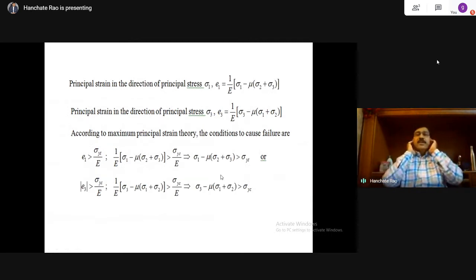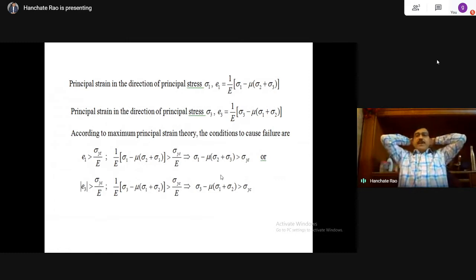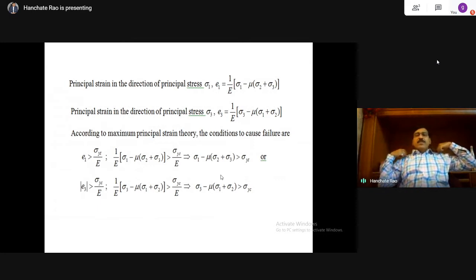Now let us try to understand in terms of formulae what the maximum principal strain theory is. What is the principal strain in the direction of the major principal stress sigma 1? There are three principal stresses: sigma 1, sigma 2, sigma 3.